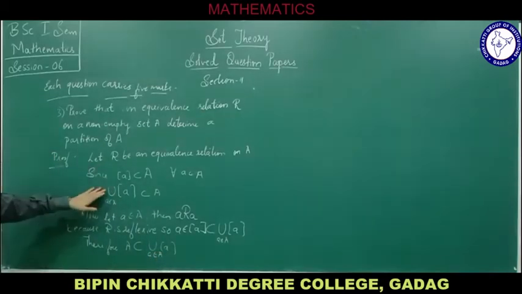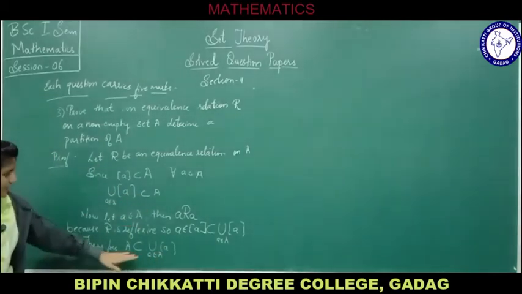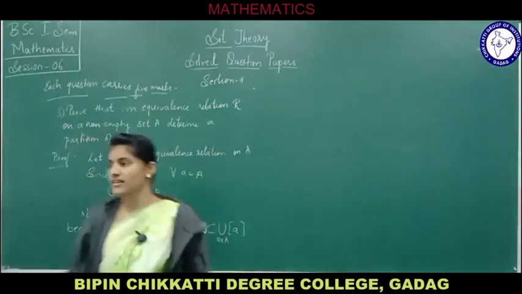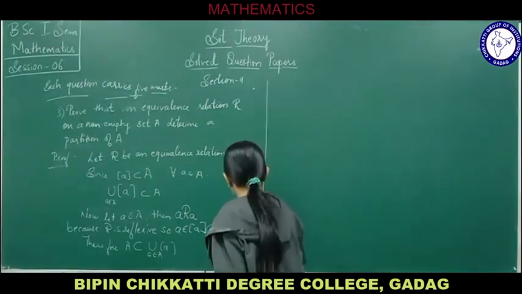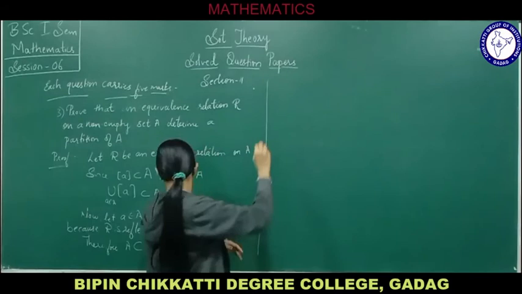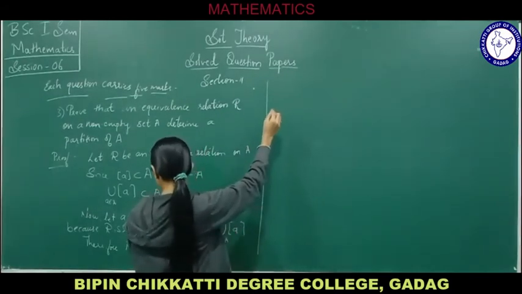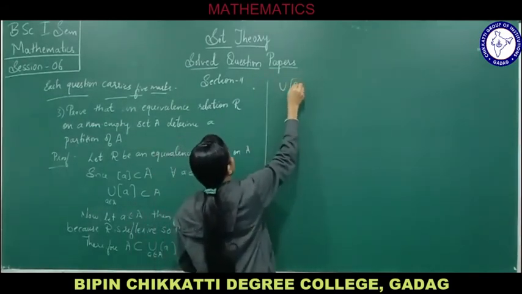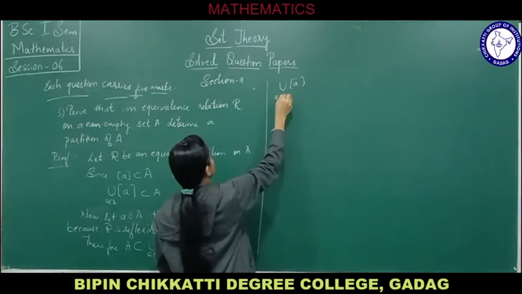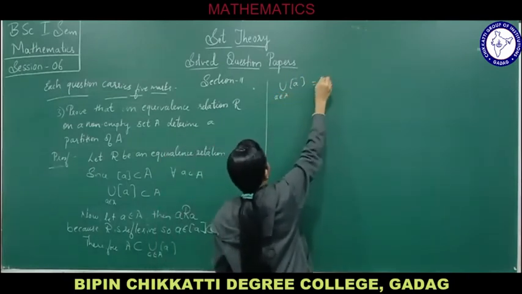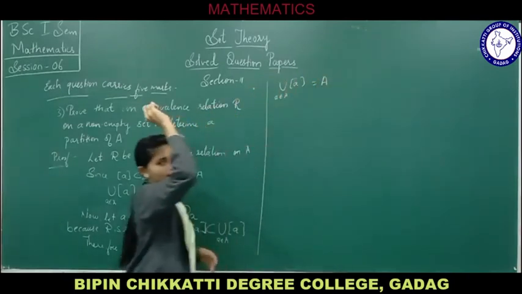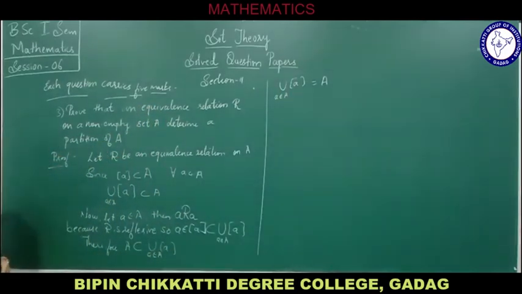Here we wrote that the union is a subset of A and A is a subset of the union. Then the union will be equal to A.